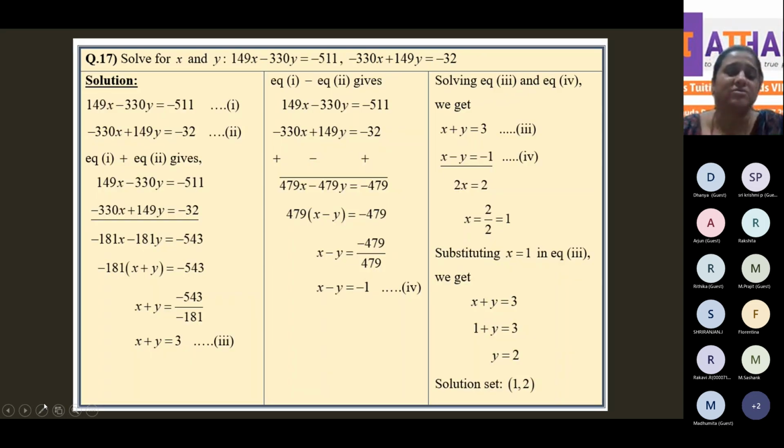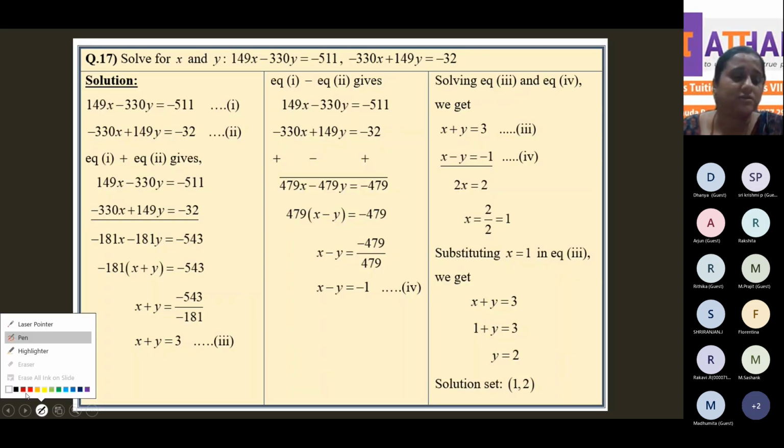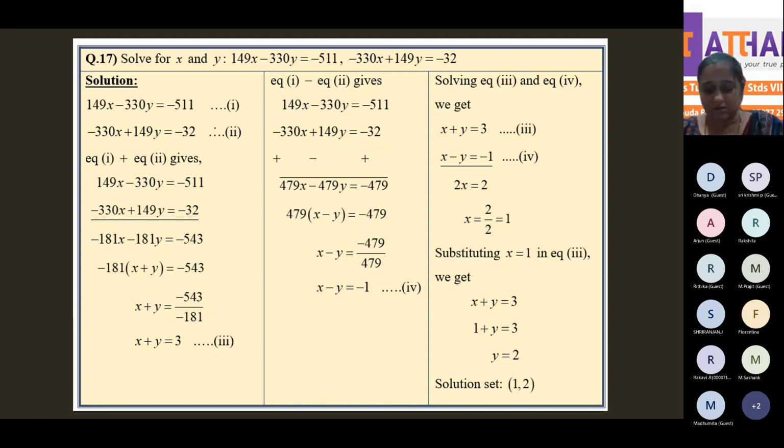Now see how the special method works. Take up the two equations. Add the two equations. Write them one below the other. Equation 1 plus equation 2. Don't change the signs anywhere; that is adding.